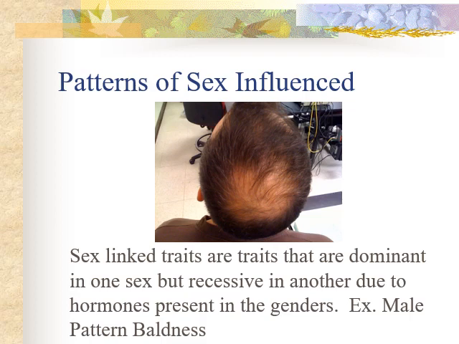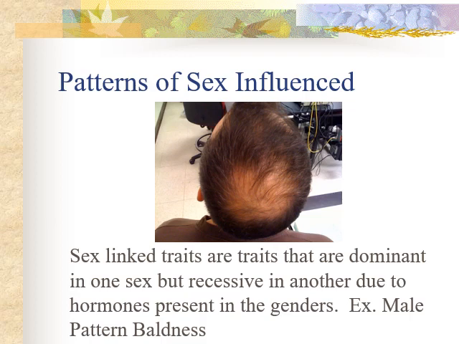Women who have this same genotype, X little a, for example, don't show male pattern baldness when they're younger because their testosterone levels are low. But as they get older, they may start to see male pattern baldness creeping in.